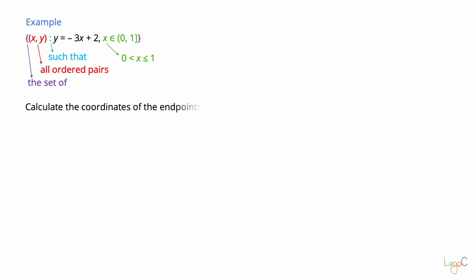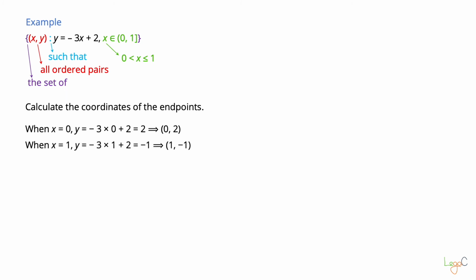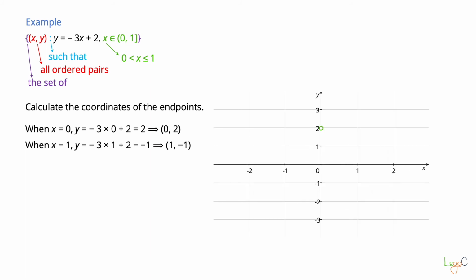So when x equals 0, y equals -3 times 0 plus 2, which is 2. So the first point has coordinates 0 and 2. And when x equals 1, y equals -3 times 1 plus 2, which is -1. So the other endpoint has coordinates 1 and -1. The point with coordinates 0 and 2 has a circle because of the round bracket, and the point with coordinates 1 and -1 has a dot because of the square bracket.